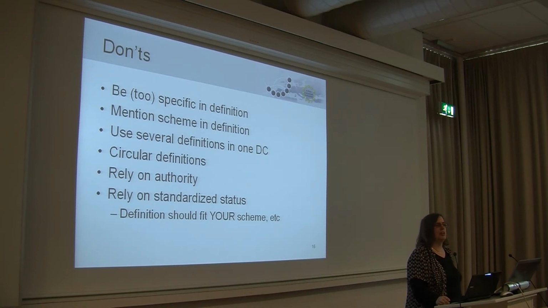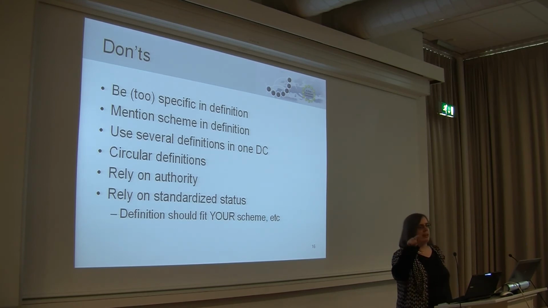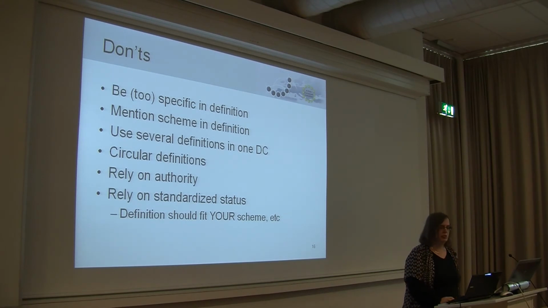Do not use several definitions for one data category. That's also something you see sometimes. Don't make your definition circular. Do not rely on authorities, thinking, oh, that will be correct because he or she made it, because that's not always true. And that is not always that it covers what you need to cover.